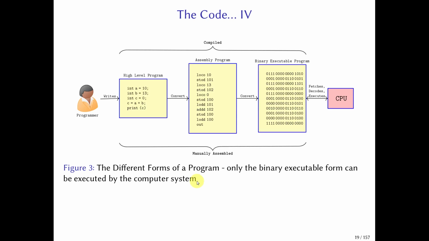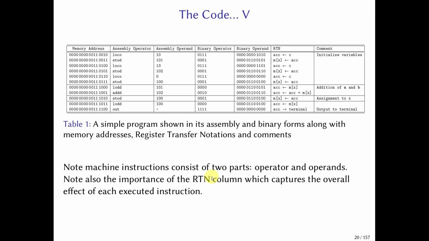Okay, so slide 20 contains a table which gives us some additional information about these instructions. You can see that we have presented here in the first column the memory address. The memory address is just the cell in main memory where each instruction is stored.